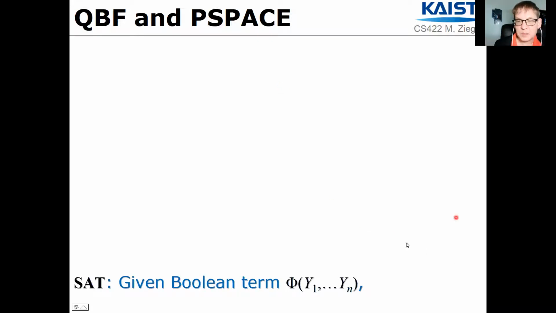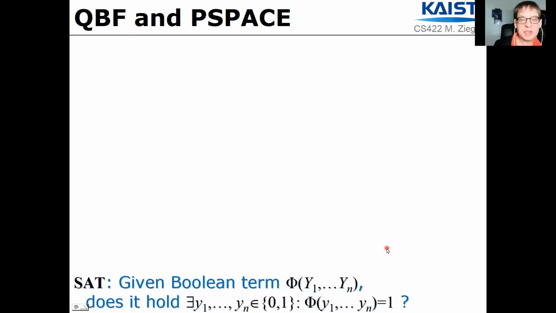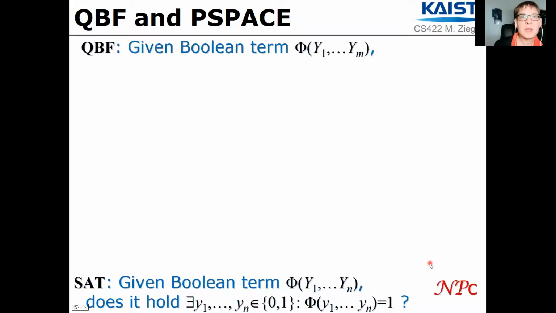So this is the recall of the Boolean satisfiability problem. Given a Boolean term, does there exist an assignment? So here we have n quantifiers, as many as there are variables, that make the expression evaluate to 1, evaluate to true.